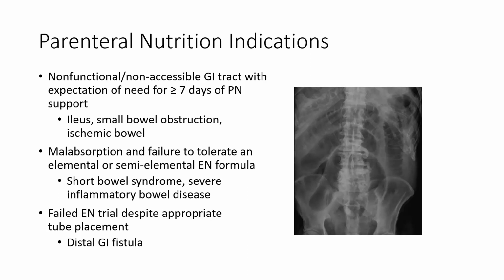Finally, failed enteral nutrition trial, despite appropriate feeding tube placement, can require parenteral nutrition support. In order to meet criteria for parenteral nutrition, patients will need to require it for at least 7 days. In order to receive parenteral nutrition in our institution, trainees need to request a nutritional support team consult.